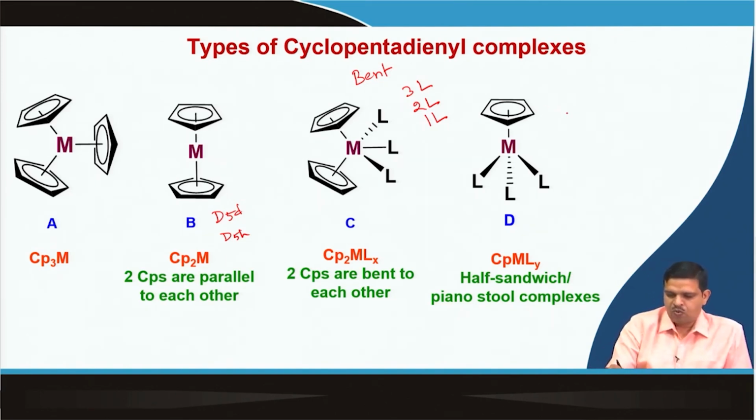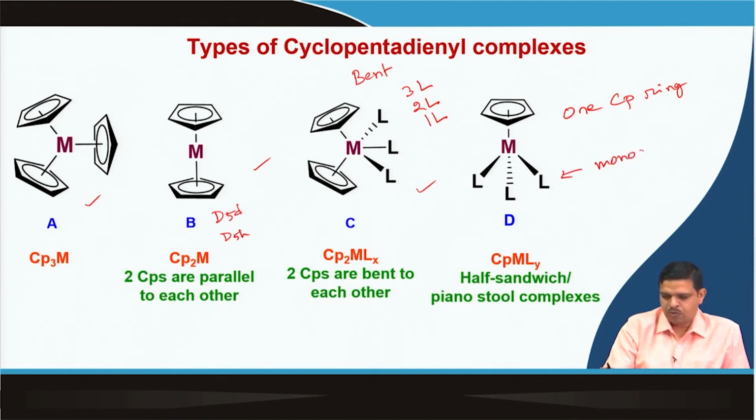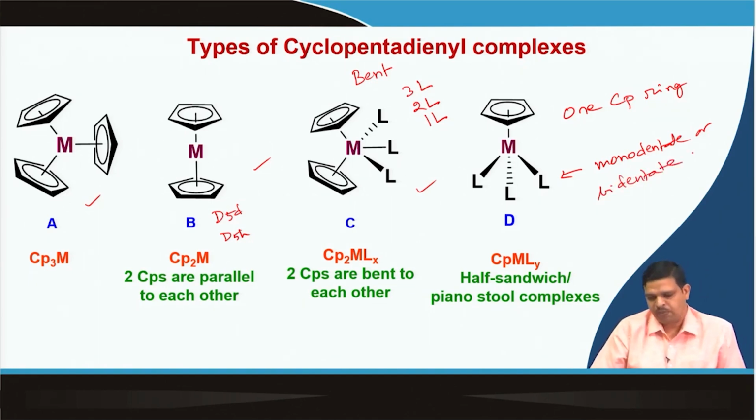Here only one Cp ring, and here more than one Cp ring in the other cases. In the half sandwich complexes, the other ligands will be monodentate, or bidentate, or tridentate, but not Cp ligands.